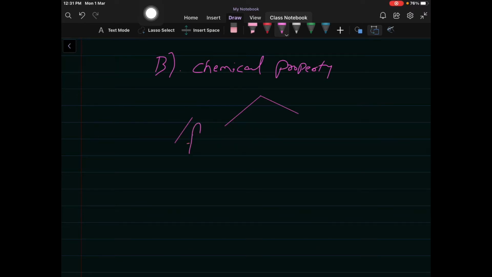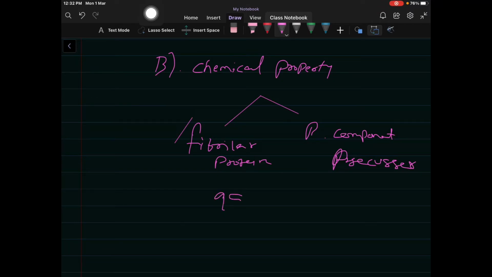That will be its fibrillar protein, and the second will be the P component, that is the precursor part. The fibrillar protein will be 95%, whereas the P component will be 5%.